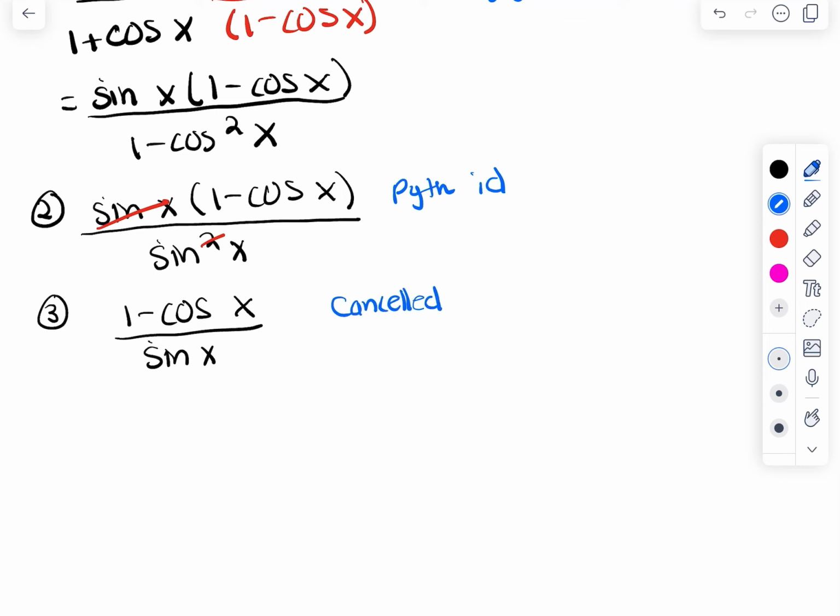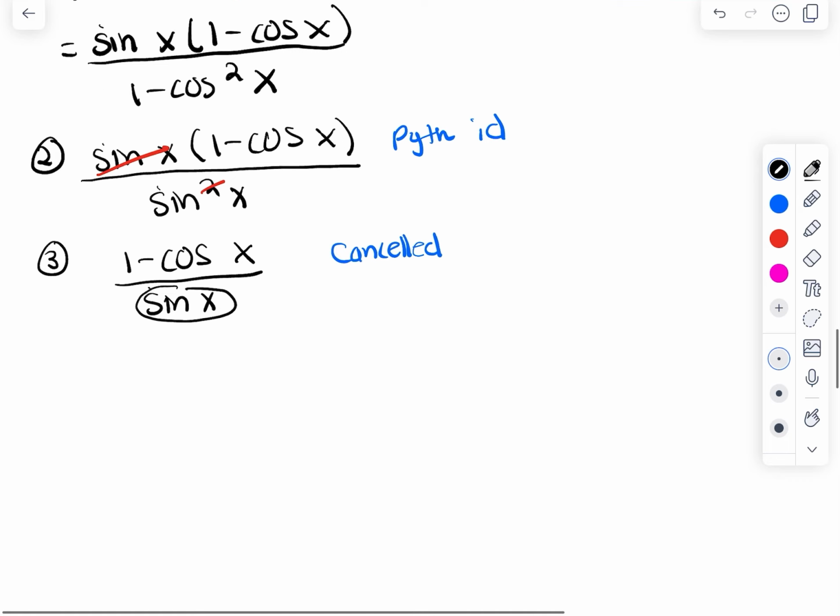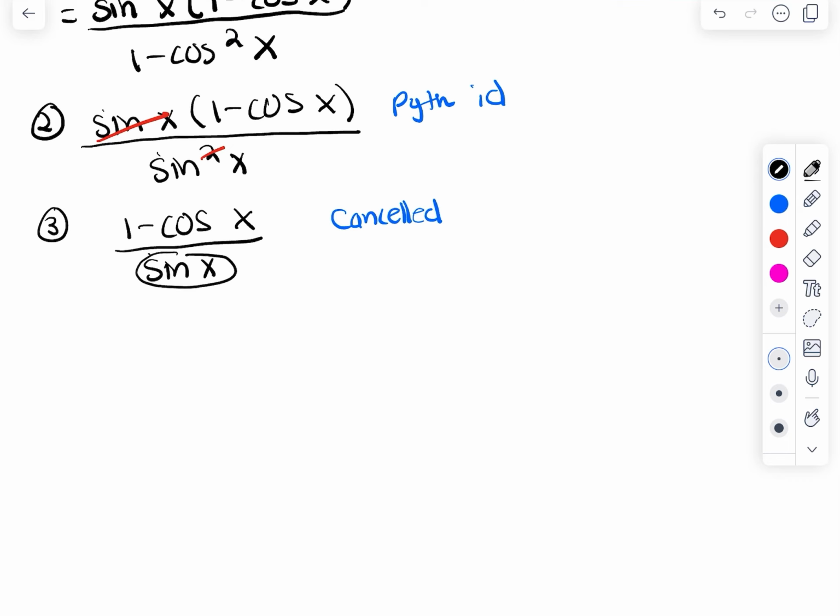And then this would probably be the trickiest part for some people to recognize. I can do this because I have a single term in the bottom. And what I do is the opposite of doing a common denominator. I split the denominator. So I write 1 over sine x, and I write cosine over sine x. I can do this because there's only one term in the bottom, right?